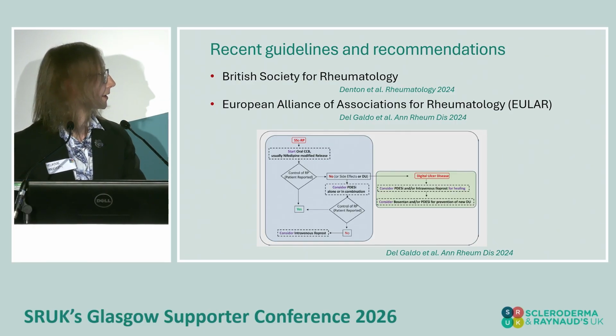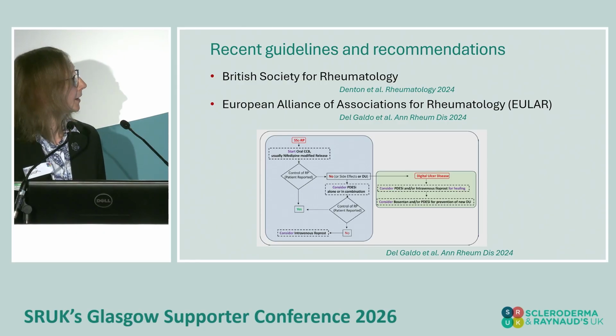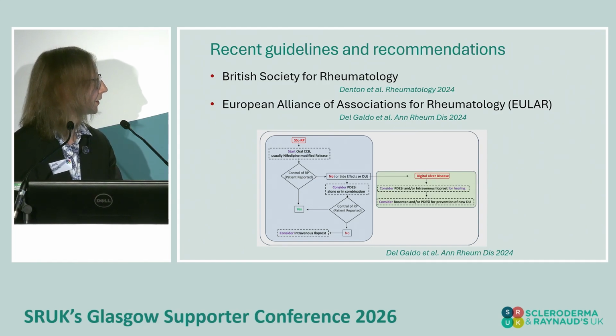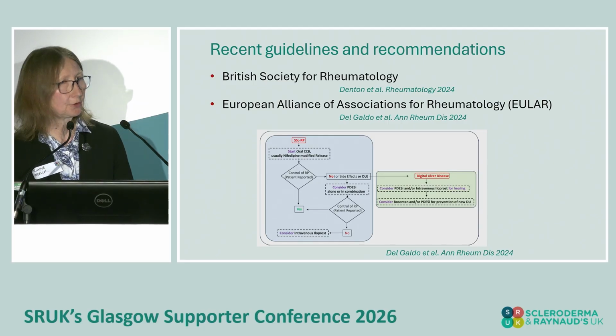So I show this slide here because I just want to reassure you, and I think this is good news, because of these two sets of recommendations which I demonstrate here: the recommendations from the British Society for Rheumatology, who have just had their annual meeting here in Glasgow the last 3 days, and here's EULAR, the European Alliance of Associations for Rheumatology. Both of these organisations have very recently published new guidelines or recommendations for the treatment of scleroderma or systemic sclerosis.